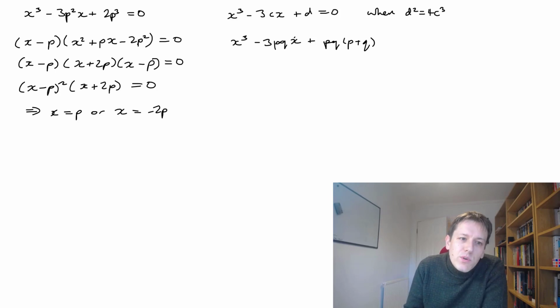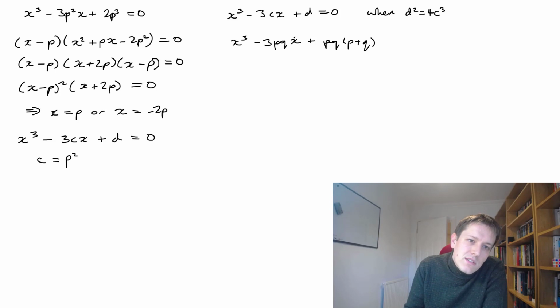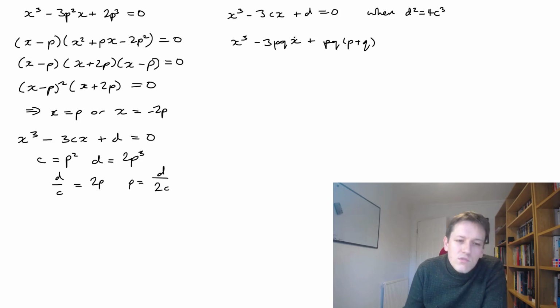Right, so what do we have here? Well, if it's x cubed minus 3cx plus d equals 0, what we're doing is taking c equals p squared and d equals 2p cubed. So if I did d over c here, I just get 2p, and so p is equal to d over 2c.